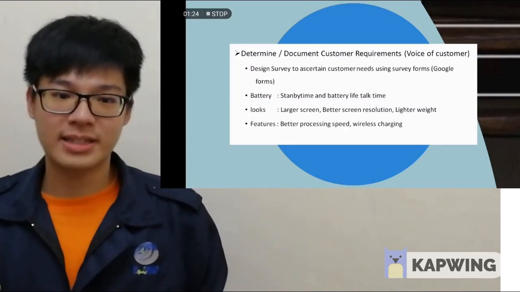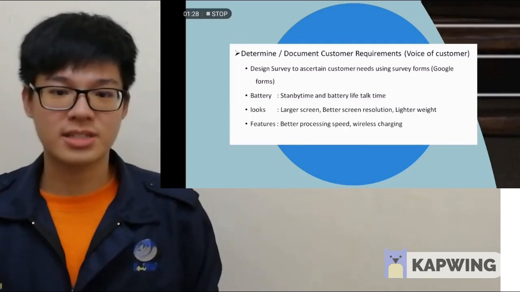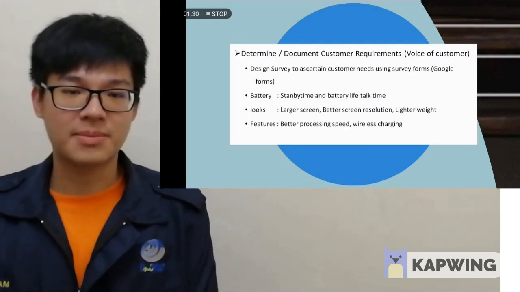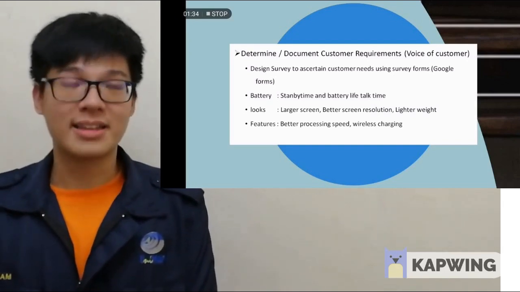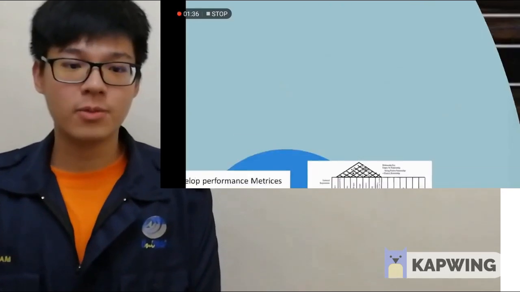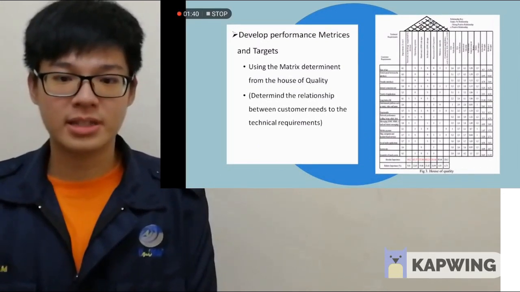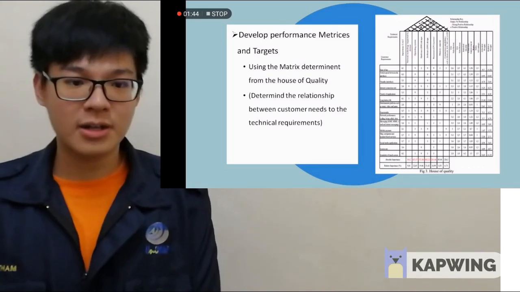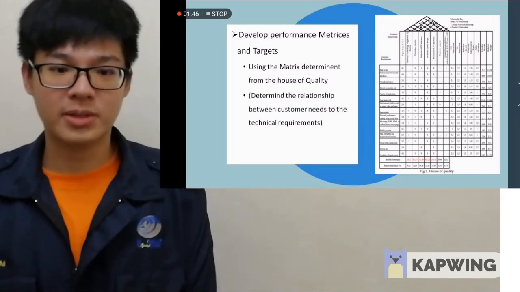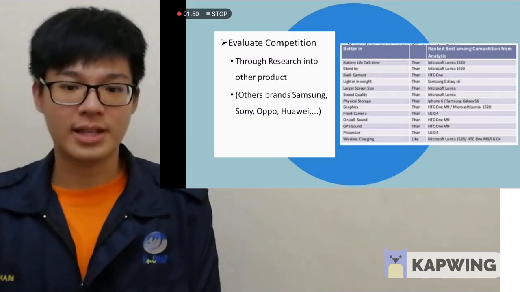One method to design a survey to ascertain customer needs is by using efficient survey methods, for example Google Forms and questions through email. From the survey, we'll get the development performance metrics and targets by using the metrics determined from the House of Quality. QFD also helps the company to evaluate competition with other brands like Oppo, Samsung, Huawei, and so on.